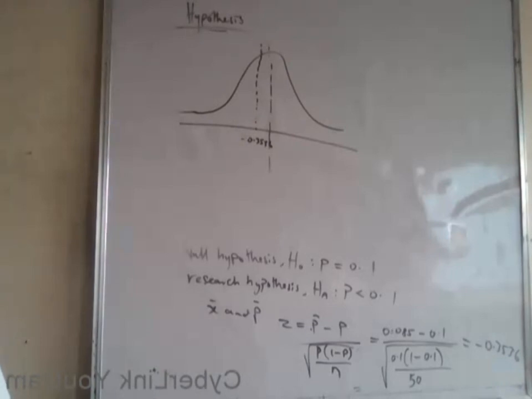the alpha, which is 0.02. Using Excel, we can find the standard normal value for the alpha value, which is 0.02.